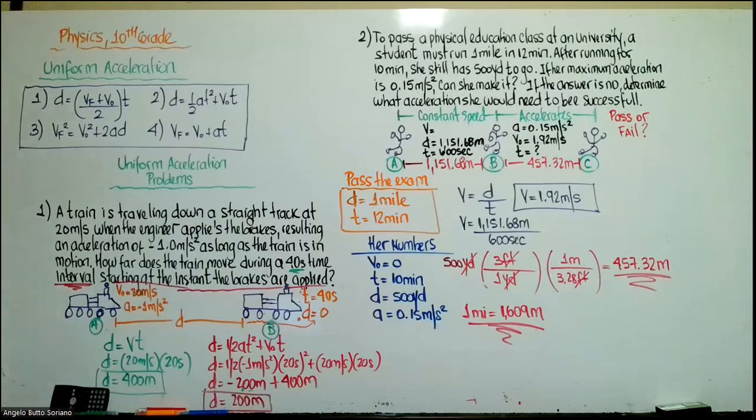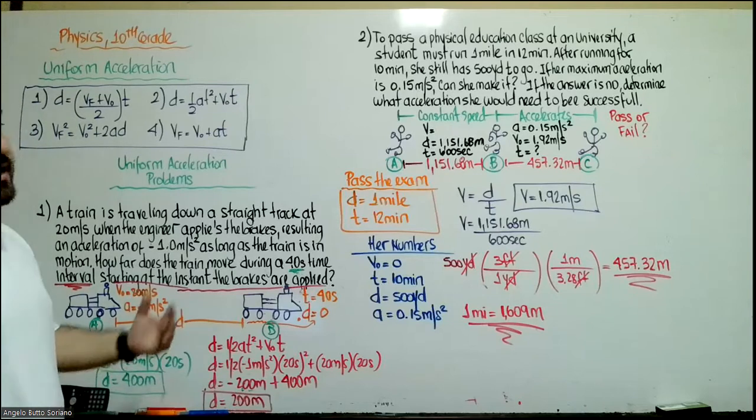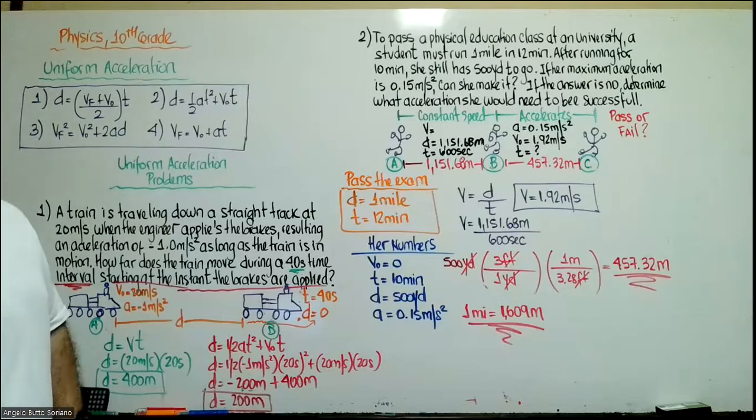She has to cover a distance of 457.32 meters, using an initial velocity of 1.92 meters per second and an acceleration of 0.15 meters per second squared. Well, let's find out.